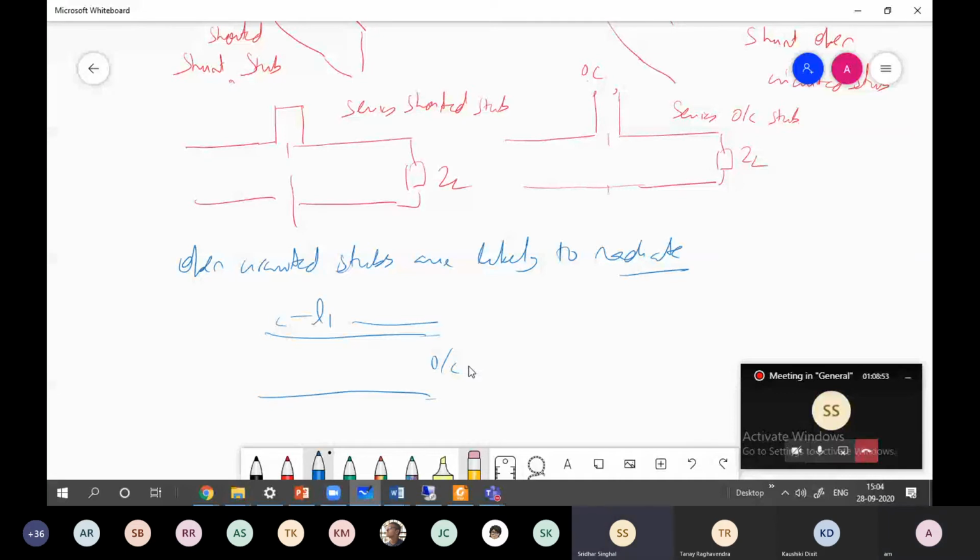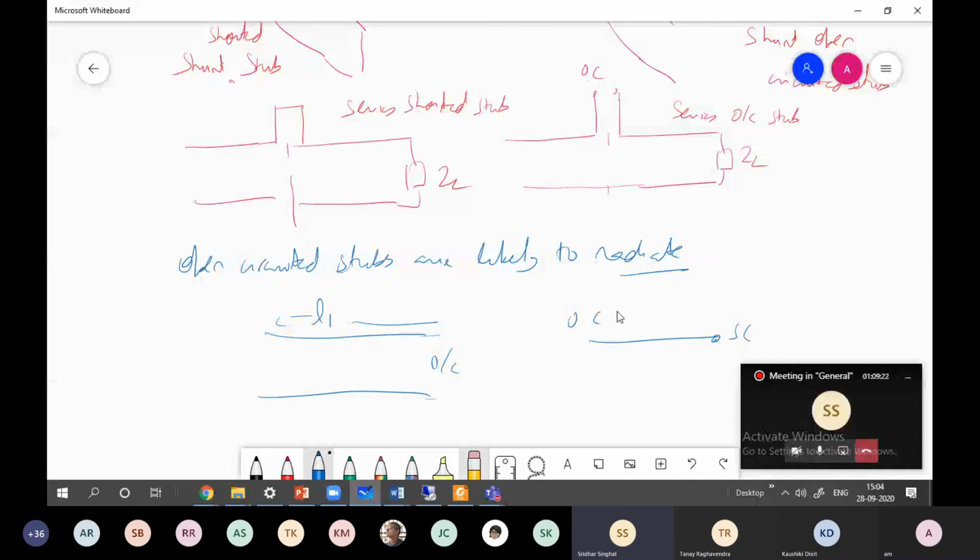Sir, I'm not sure, but we can connect a metal plate at the other end. Do you know, if you have a short circuited point and an open circuited point, what is the distance between these two points?